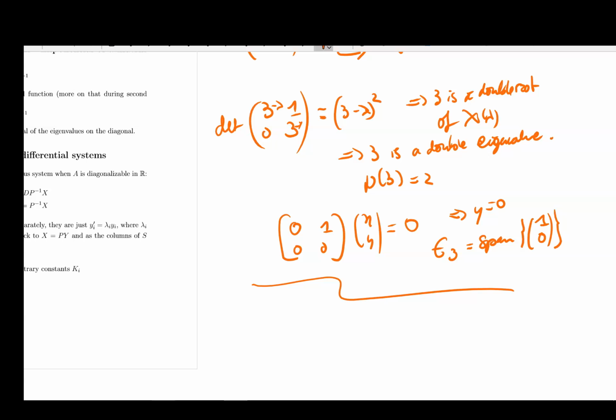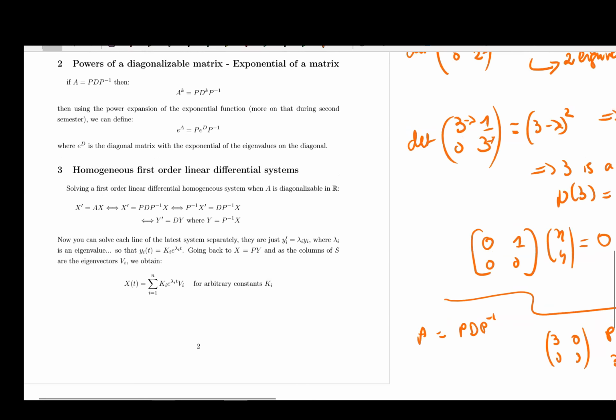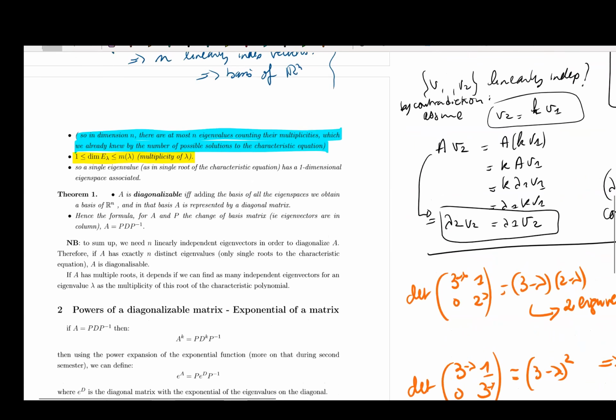What I wanted to say is that if it were diagonalizable, you already know the formula would be something like this, and the diagonal matrix with the eigenvalues would be 3 times the identity. And so if you've got P and P minus 1 on the sides, that's just going to collapse into 3 times identity. And obviously my original matrix is different from 3 times identity. So that's all completely consistent.